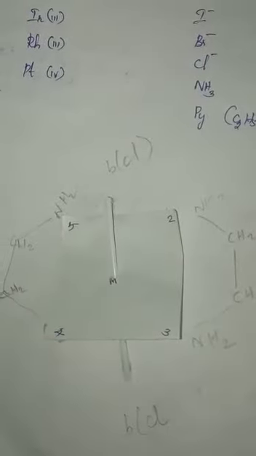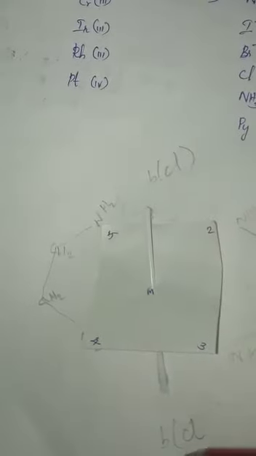We will consider chlorine. So what will happen? All 4 corners have the NH2 group, and the first position and the 6th position have chlorine. So it will show geometrical isomerism.